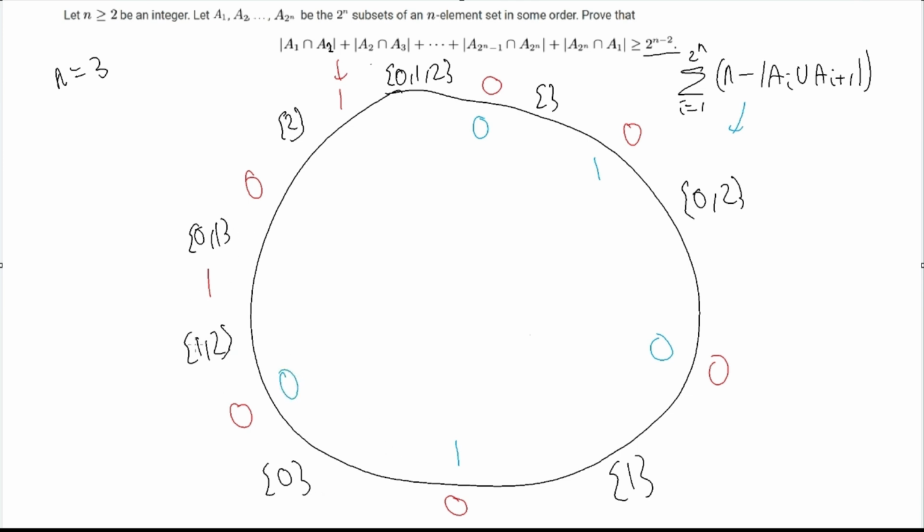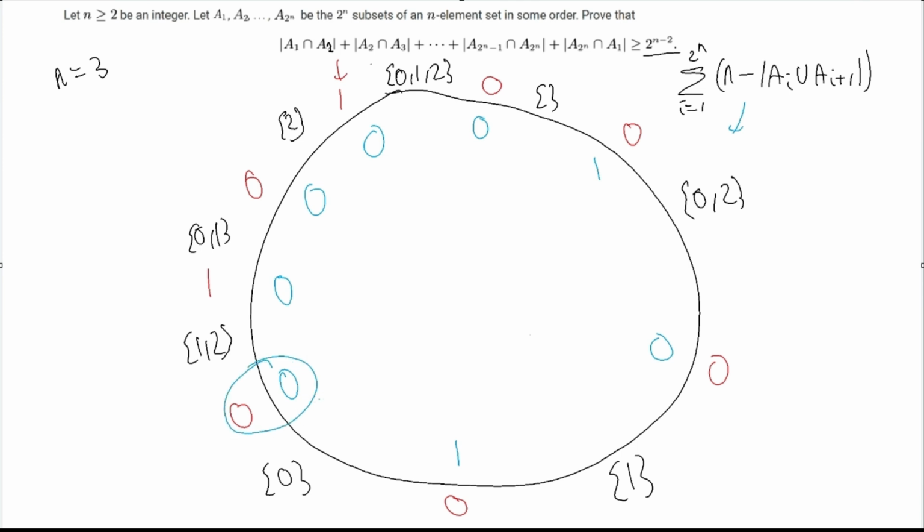Union size 3, so that's again 0. And then again 0, and again 0. So what we end up getting is that this inner sum, the blue one, is equal to the red one as well. Now, the interesting ones here are when both of them are equal to 0.